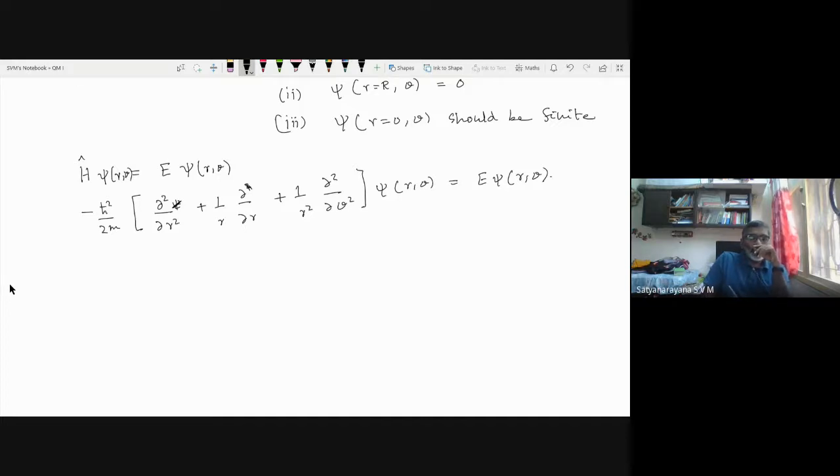We are going to use our separation of variables technique. I will skip a few steps, and I want you to fill those steps. I'm going to do a separation of variables, and then take the theta equation separately and the r equation separately.